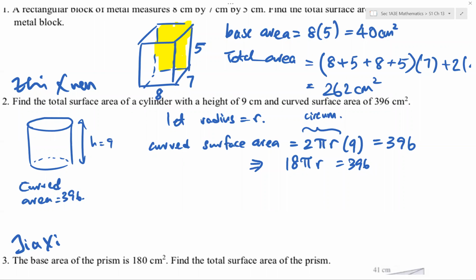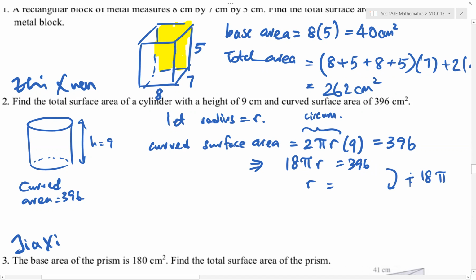Okay, I want to find r. All I need to do is to divide by 18 pi on both sides. We don't need to go through that rectangle, something divided by something, get 44, and then get diameter, then divide by 2 to get radius. Your algebra will settle everything for you. Don't even need to visualize anything.